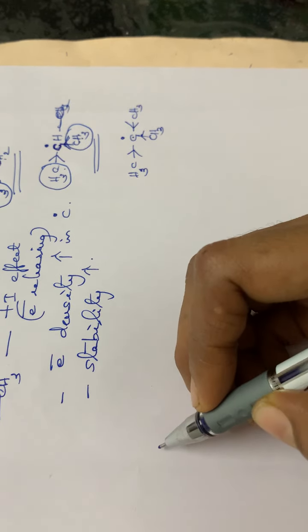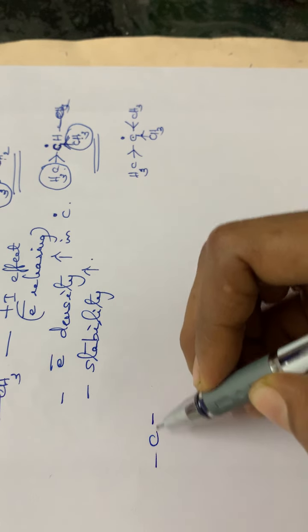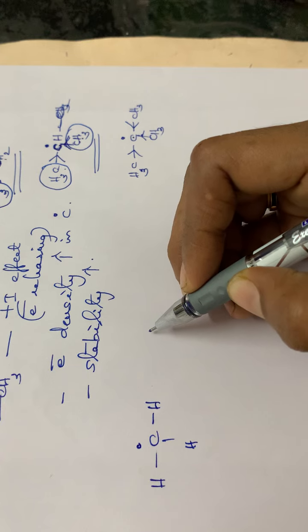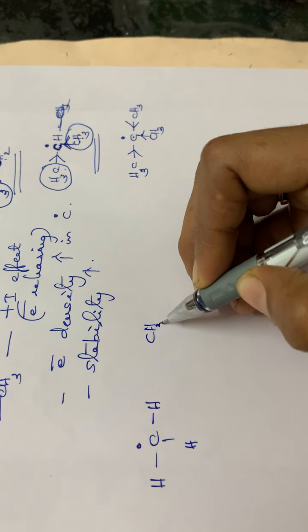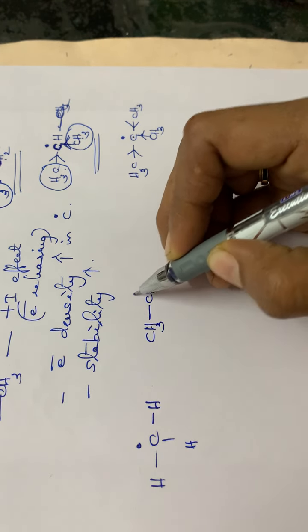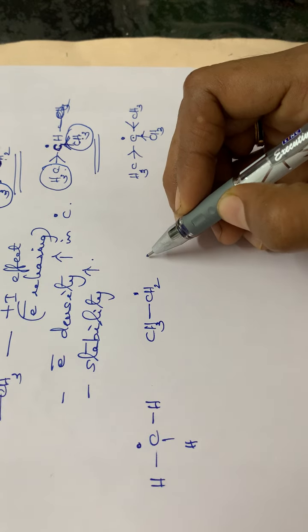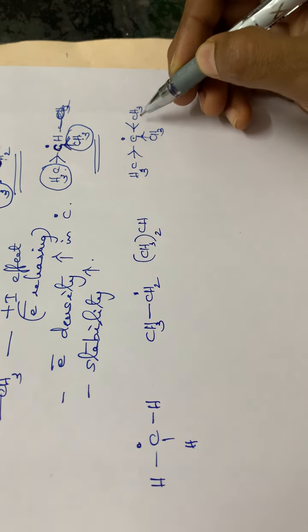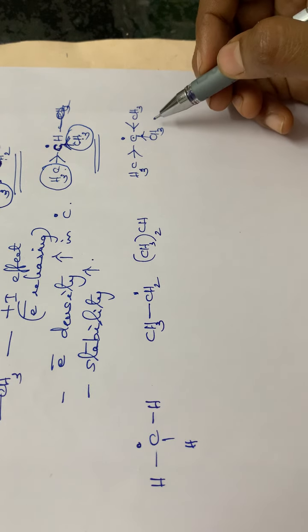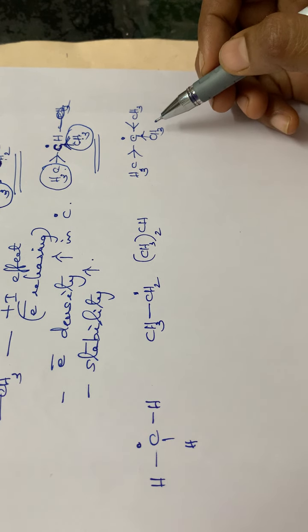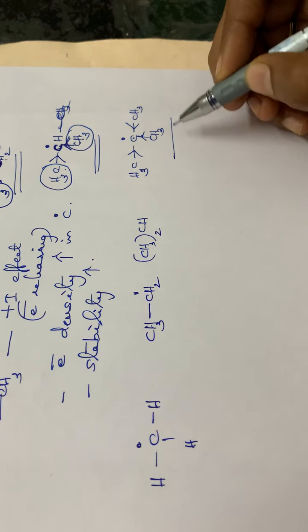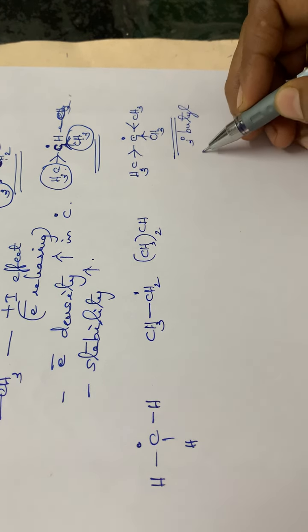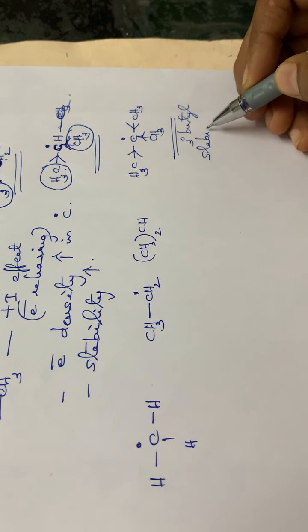Comparing CH3 free radical, (CH3)CH2, (CH3)2CH, and (CH3)3C, which one has the greater stability? The tertiary butyl has the greater stability.